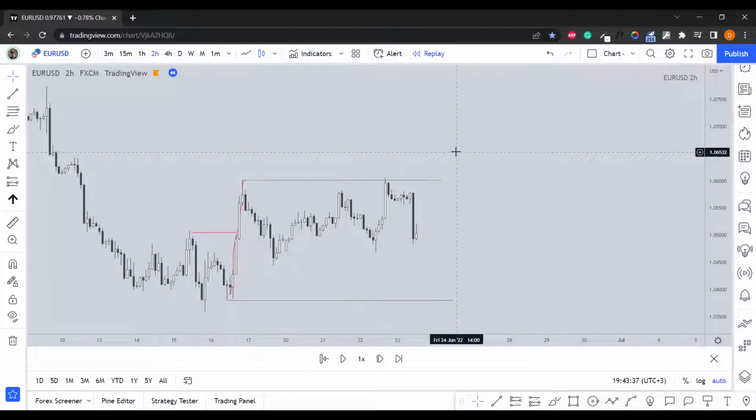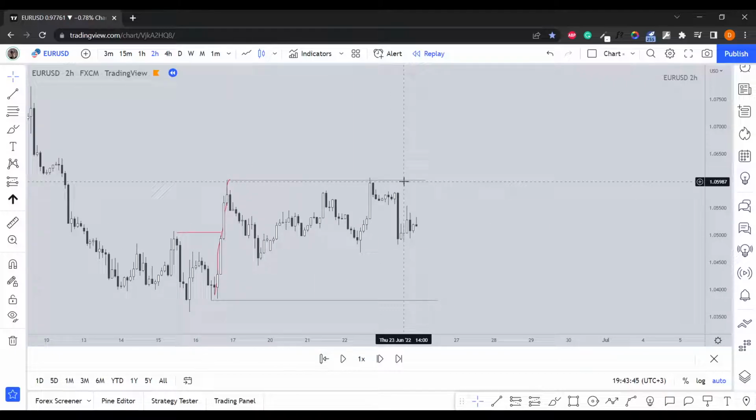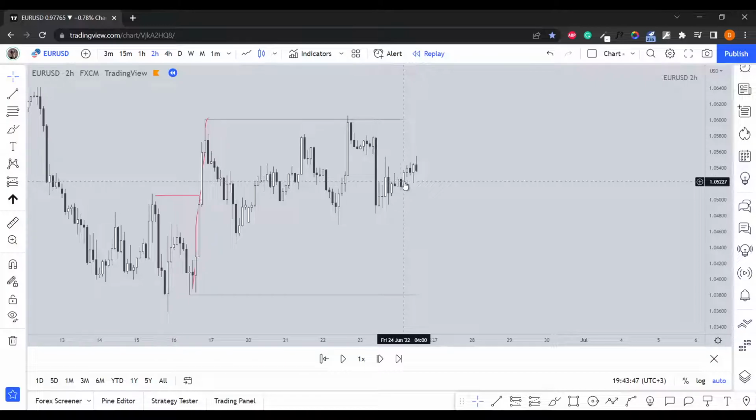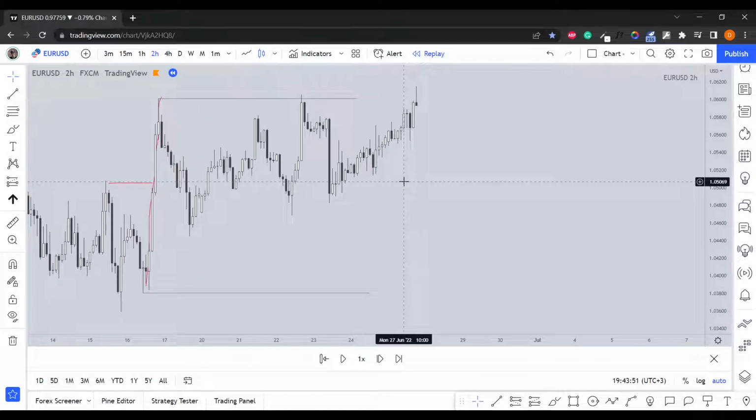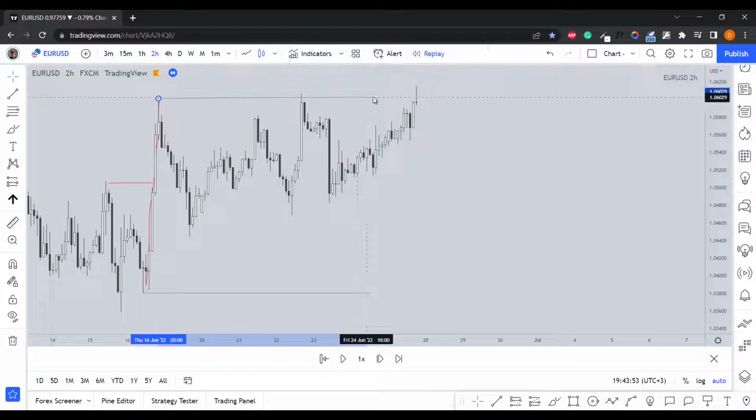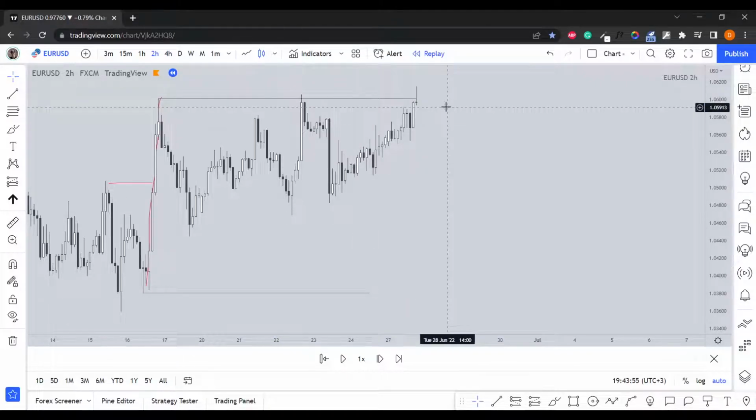And now let's trace. So we were tracing the price that was in front of us. Now let's trace the price in backtesting mode, in real time. So what we want to see is any kind of break of structure. And remember, a break of structure is a body close above a high level or below a low level.